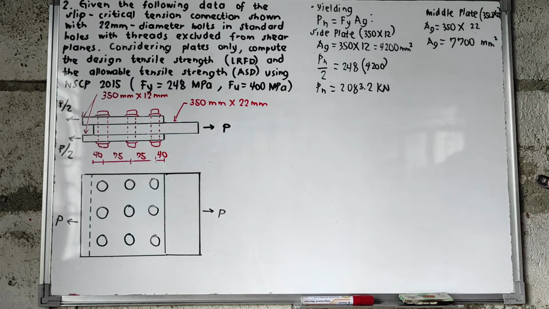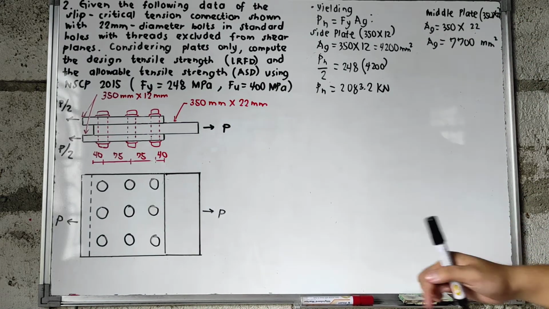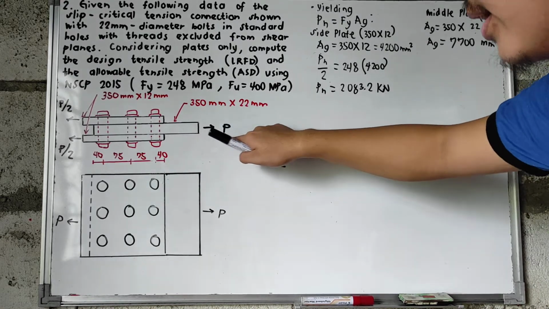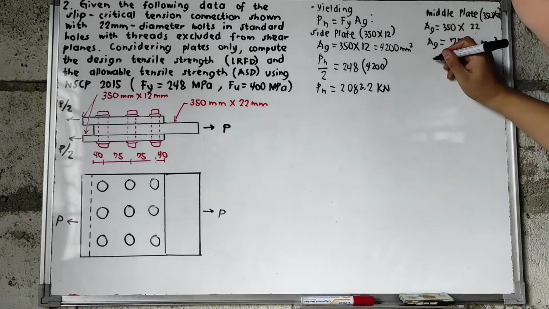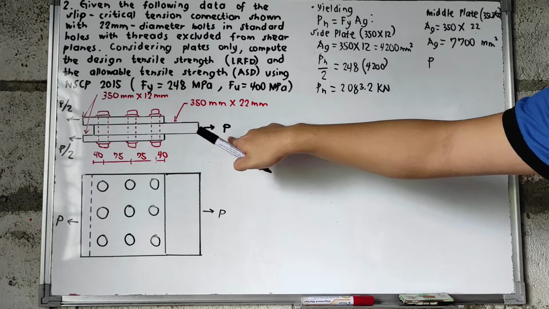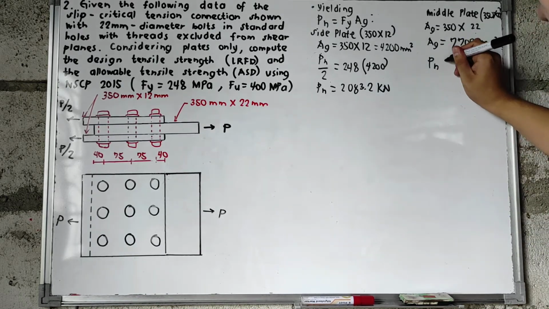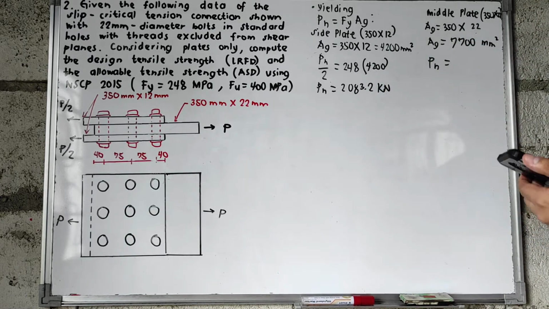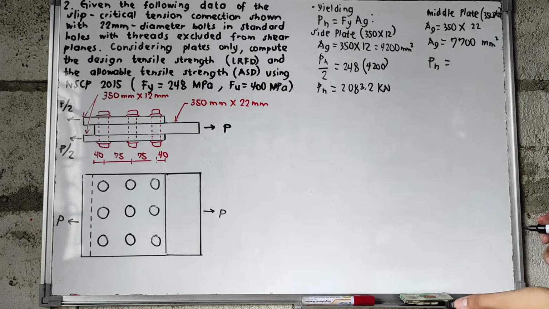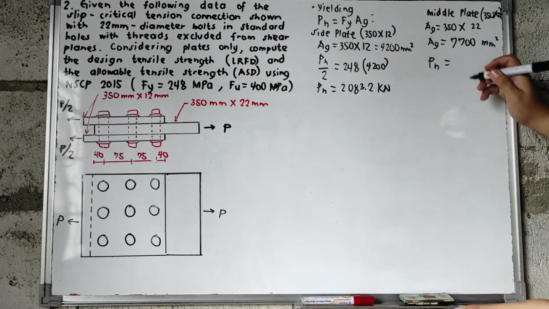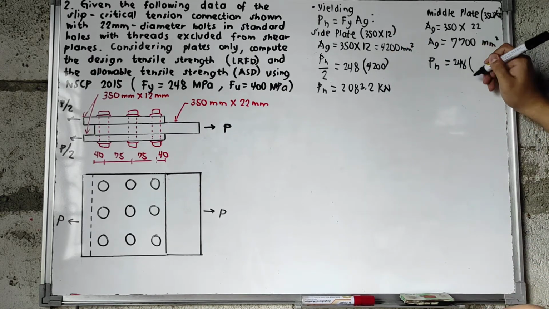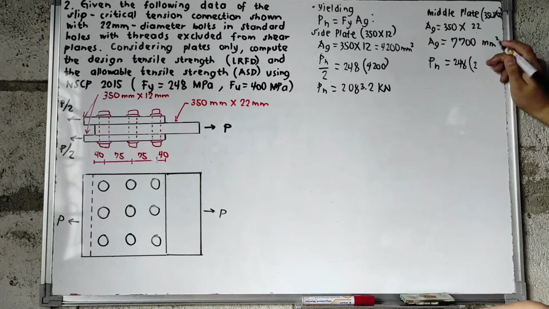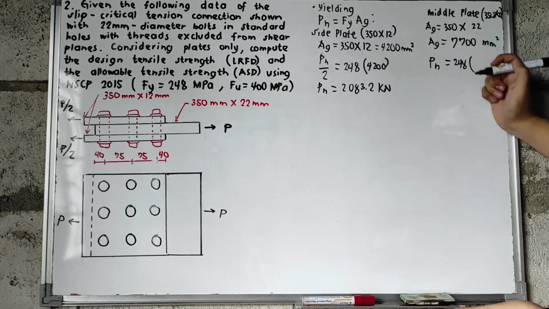And kung titingnan natin, etong middle plate natin, yung nominal natin dyan, that is isa lang. Hindi siya naka-divide by 2. So, that is P or Pn. So, yung Fy natin, that is 248 multiplied by the gross area na 7,700.